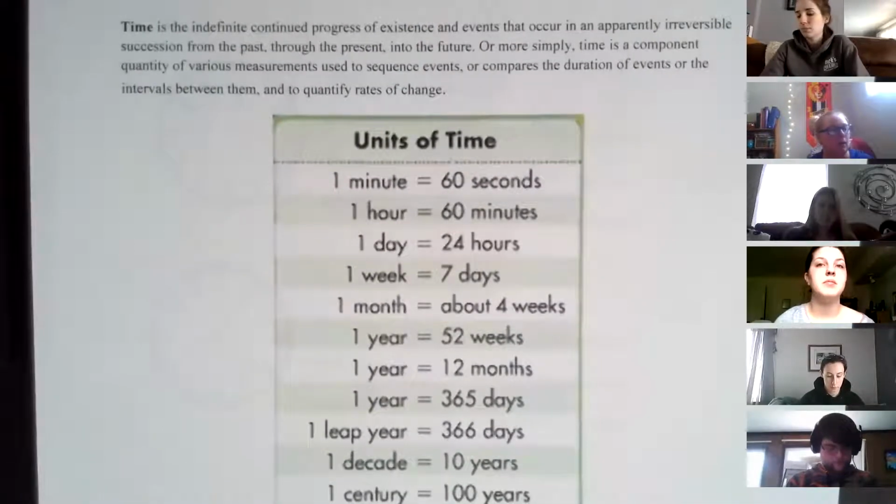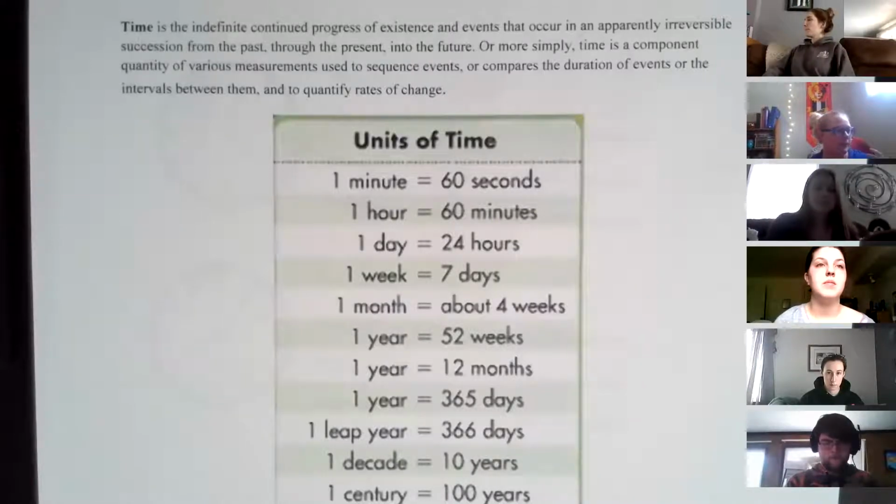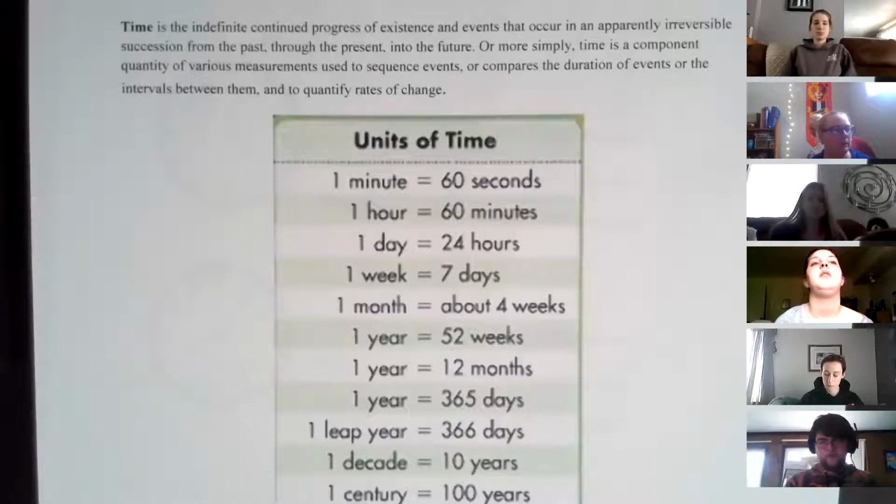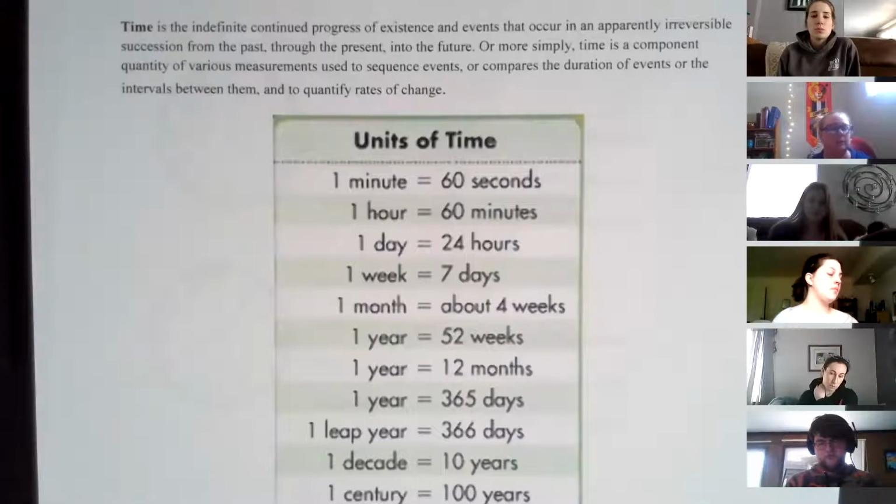So obviously time is just an element that's used to describe the progress of existence. There's usually an order to time, so that's where we get the past, present, and future. That also comes into play when we talk about literacy and understanding past tense, present tense, future tense.